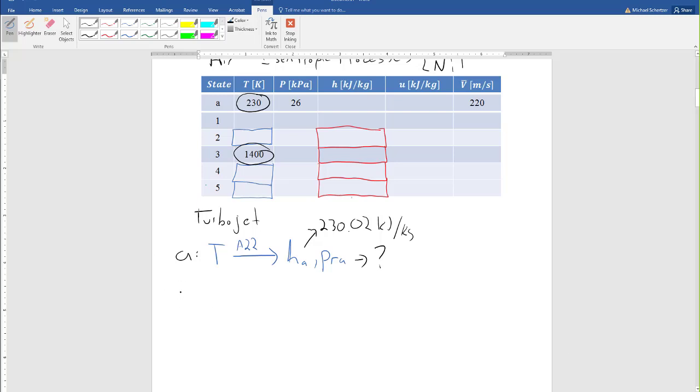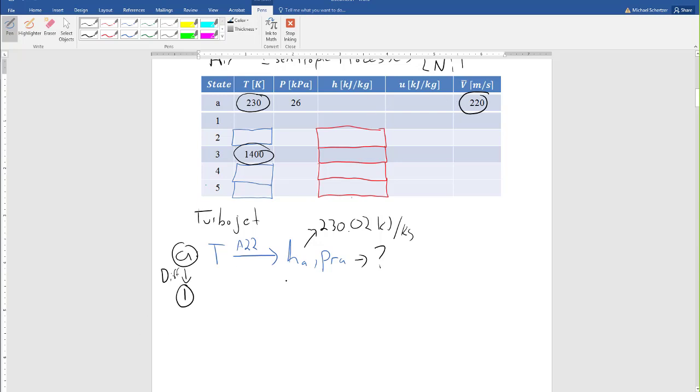Okay, now what's going to happen is we're going to try to find state 1. So as we go between state A and state 1, this goes through the diffuser, right? So this means we're going to turn this kinetic energy into enthalpy over here.